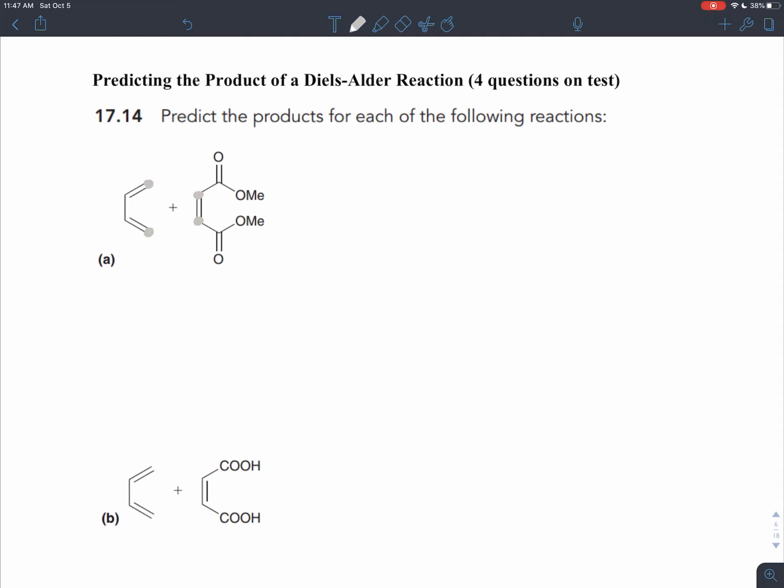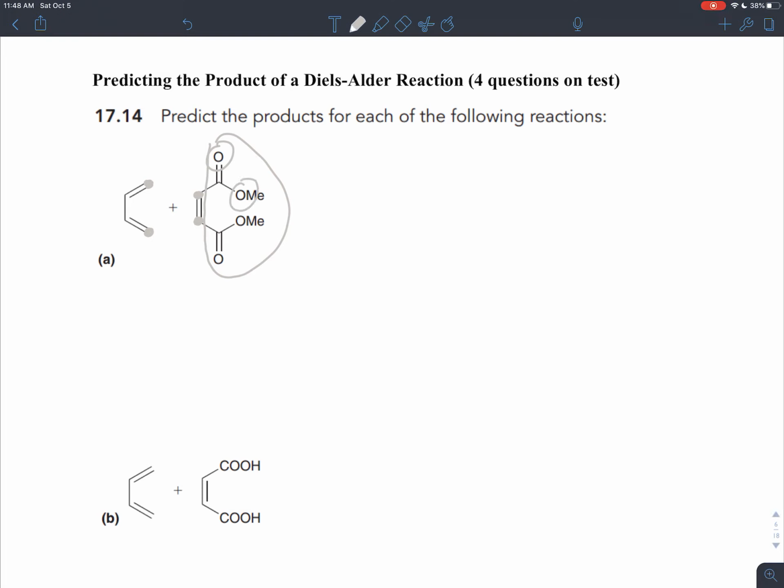Remember in the last video that we made discussing the concept behind the Diels-Alder reaction, it's the LUMO, the lowest unoccupied molecular orbital of this dienophile, that's going to be involved in the reaction. That orbital is the one that accepts extra electrons from the diene. And it's easier for it to accept extra electrons if the electron density in it is pulled away by these electron withdrawing groups.